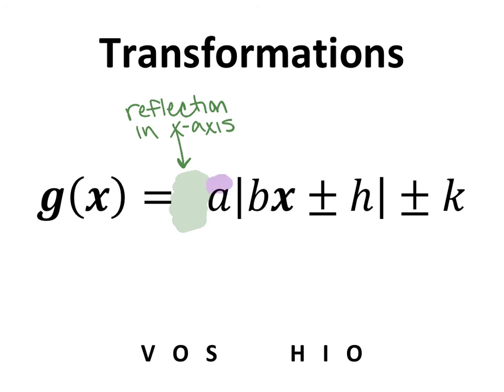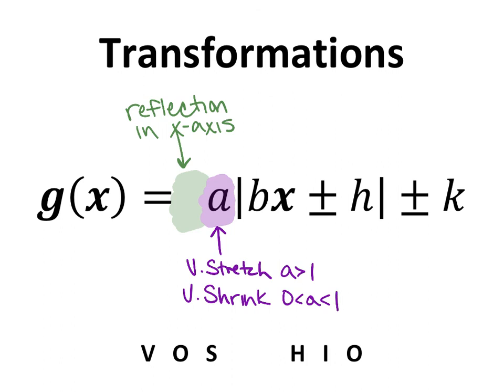If there's a number right here in front of the absolute value bars, that number makes a vertical stretch or shrink. It's going to stretch if the number that is right there is bigger than 1, or a big number. And it's going to shrink if that number is between 0 and 1, or is a fraction. So if you want to write big number, fraction, whatever works for you, these are your notes.